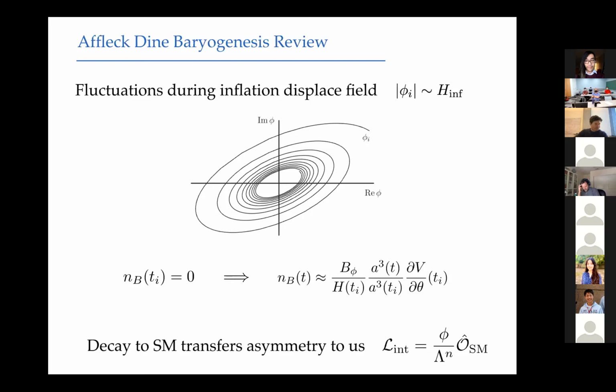And so it ends up generically at some place in the complex plane. And so even if you started with a 0 baryon number, you would quickly find, due to this torque from the explicit baryon violation and its potential, that you would end up with a non-zero value at some later time. And so as long as the phi field decays through baryon preserving interactions into standard model particles, they then inherit the baryon number that was built up through this mechanism.